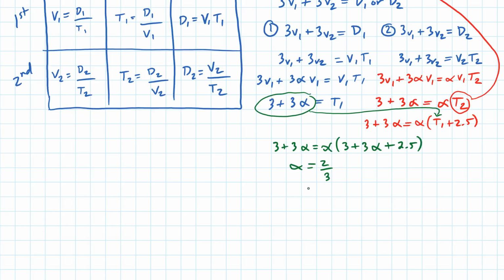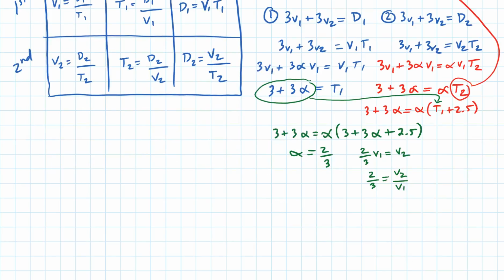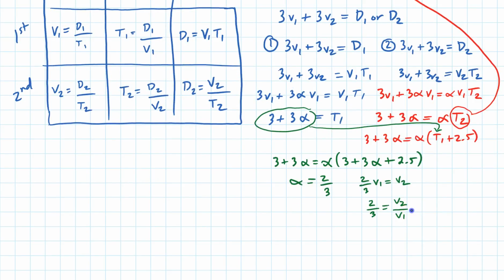So 2/3 times v1 equals v2, or 2/3 equals v2 over v1. Okay, if we notice here, v2 is equal to d2 over t2, and v1 is d1 over t1.